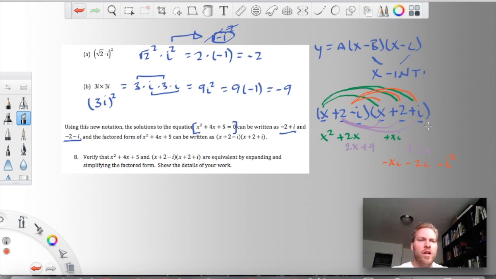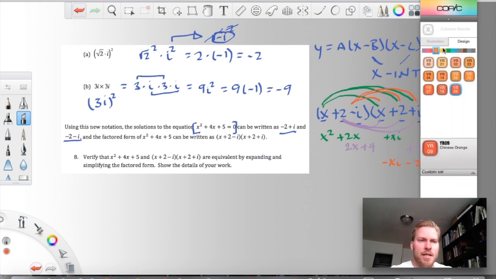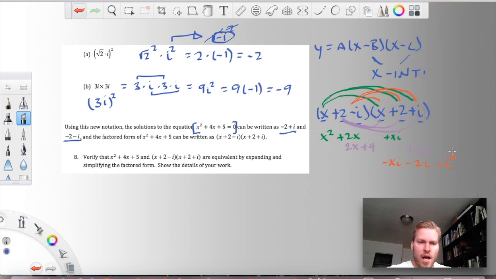Well, remember, guys, we already know what this i squared is going to be, right? We've done that before, and so I can substitute in here for this i squared. Remember, again, i squared is the square root of negative 1 squared, which equals negative 1. So I can plug in here a negative 1.